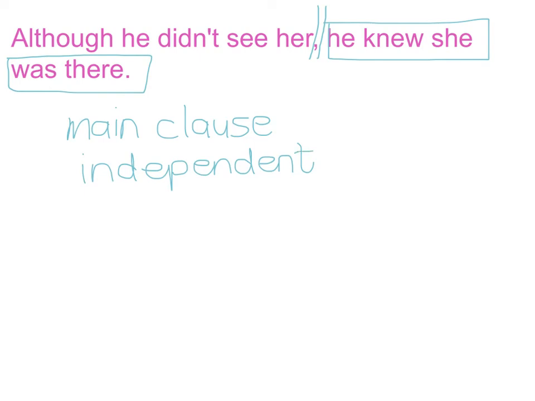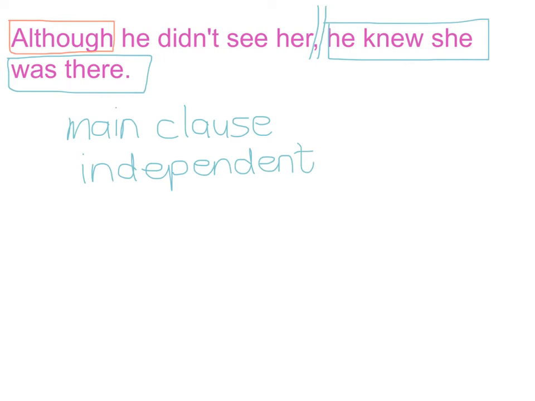Now let's have a look at the other clause. Although he didn't see her. Although is the first word, and it is the conjunction. Now it's very clear to see that that is not one of the fanboys. Remember, fanboys are for, and, nor, but, or, yet, so.